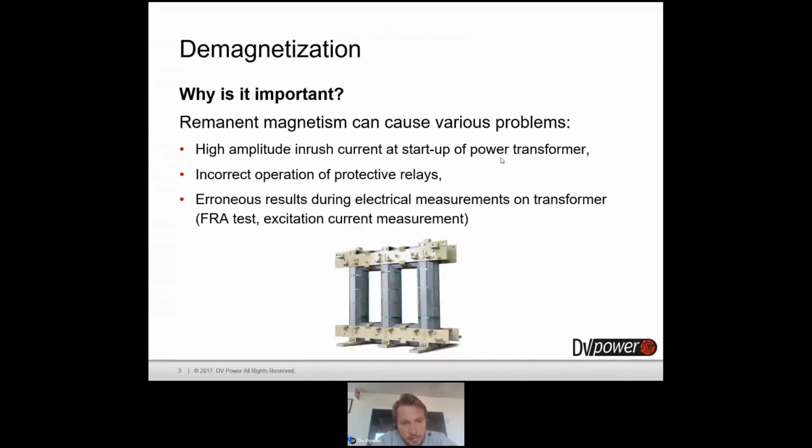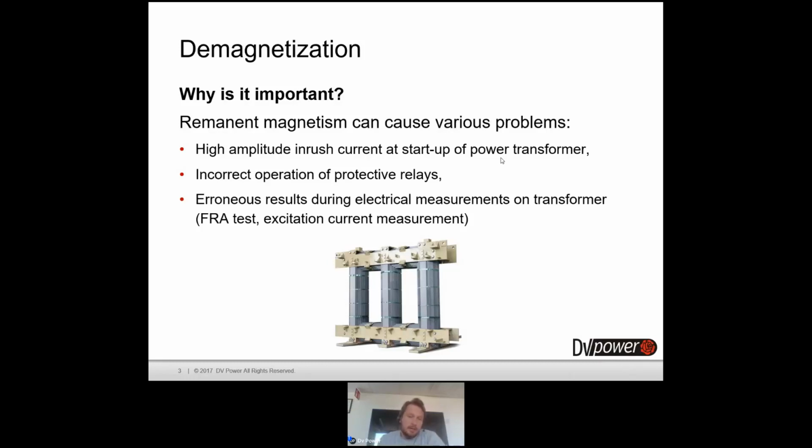In most cases, maybe 10 years ago, when modern demagnetization processes were not available in the market, most engineers accepted that as a usual phenomenon, and when they experienced high inrush current, they would just start up the transformer again and again, and finally the transformer would start up. So what does high amplitude of inrush current mean?